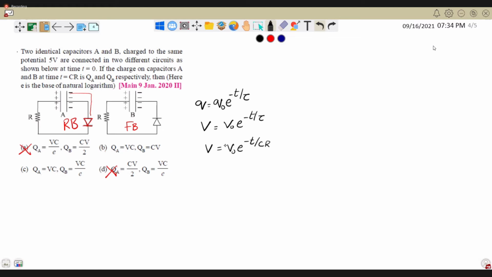This gets cancelled. So your V becomes V naught by e. Therefore, your charge becomes C into V, that is C V naught divided by e. Clear?